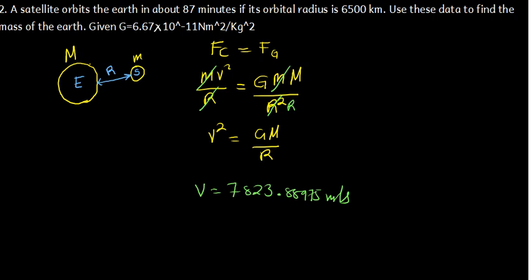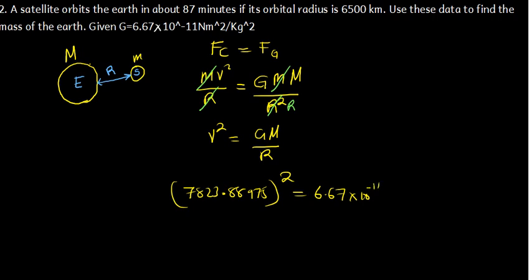So we can go on and substitute our value for v, the same value which I've just written. Where there is v, we are going to put 7823.88975, but this is squared, and this should be equal to, where there is G, the universal gravitation constant, 6.67 times 10 to the power negative 11, and then divided by the radius, the orbital radius, that is the distance between the Earth and the satellite, that is 6500.